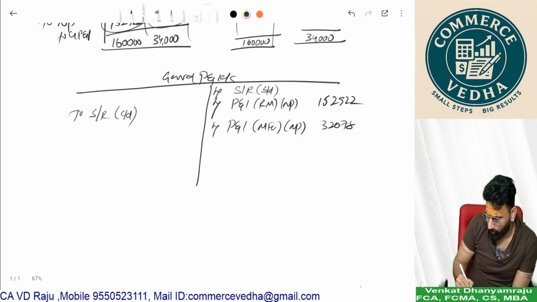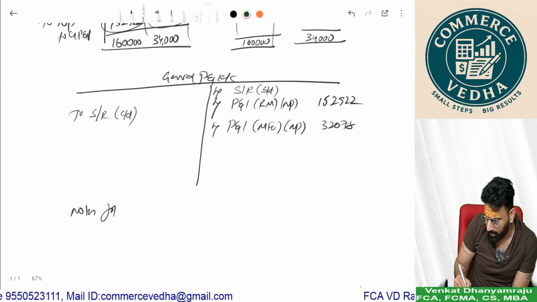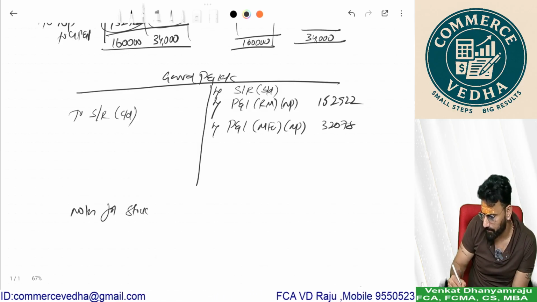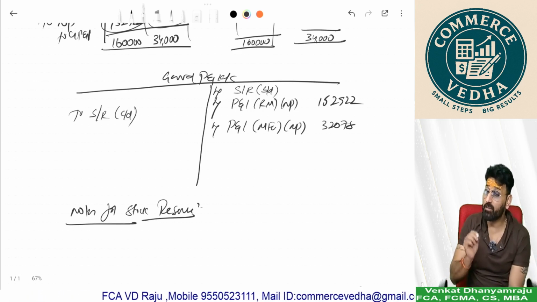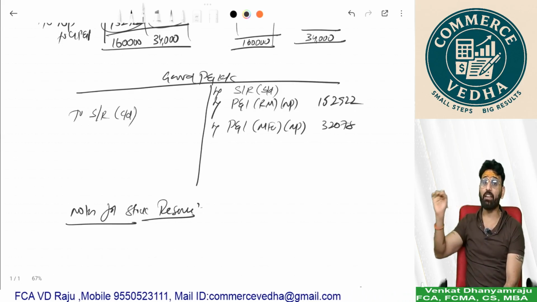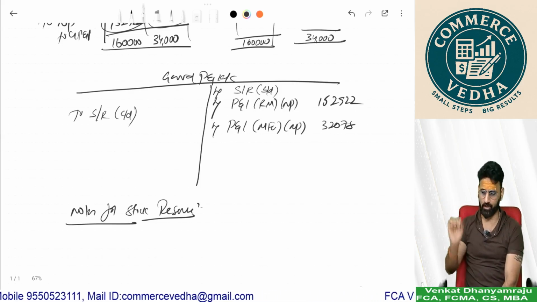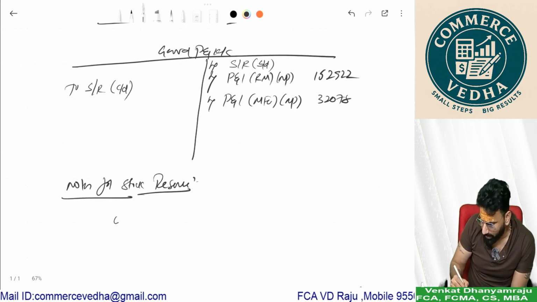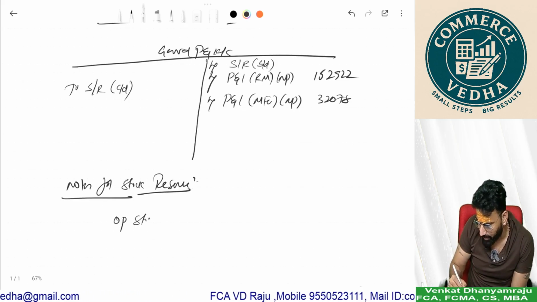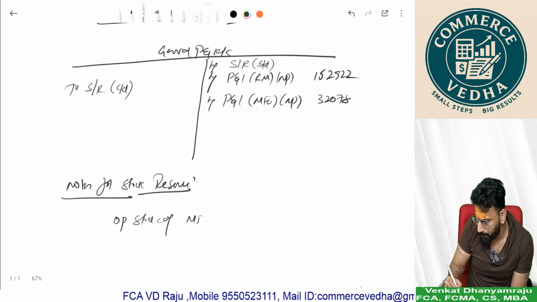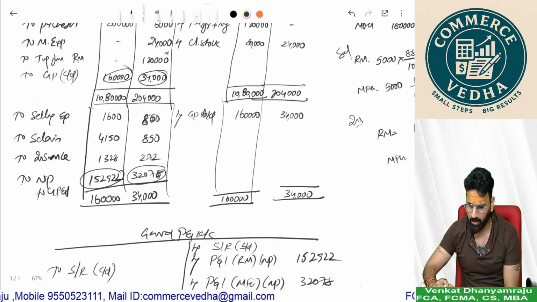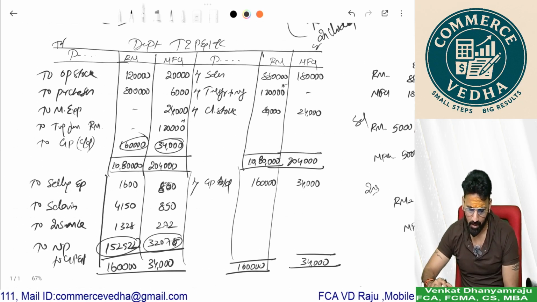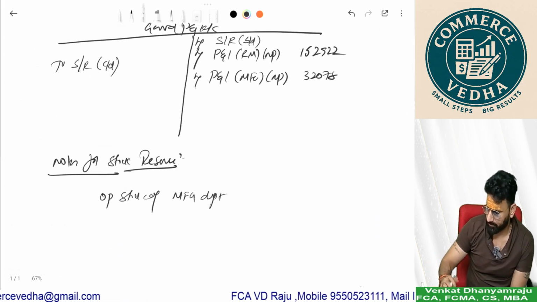The working notes for stock reserve. Stock reserve is included only in the manufacturing closing stock and opening stock. Now we'll see the opening stock of the manufacturing department. What is the opening stock of the manufacturing department? This is 20,000.